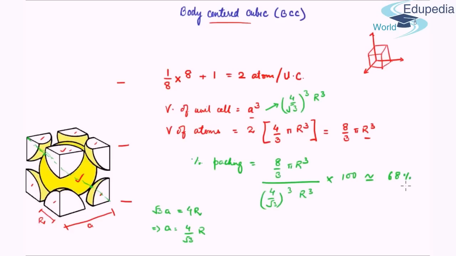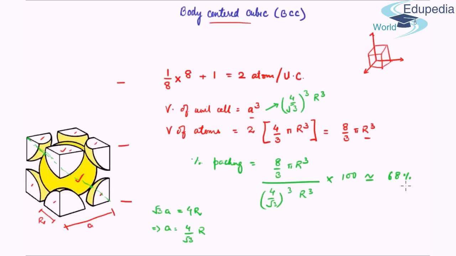So what we see is a body-centered cubic structure has 68% packing, which means 32% of the volume is void, right? So does it sound like a good packing fraction? We cannot comment on it for the time being. We need to compare it with other packing systems, and only then we can say how good a packing is.